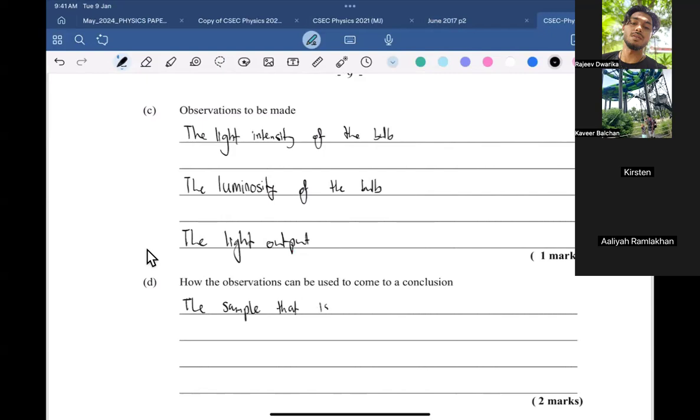The sample that is the best conductor will result in the output of the bulb being the most.